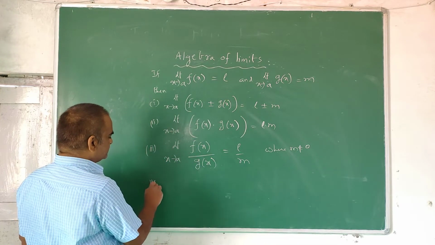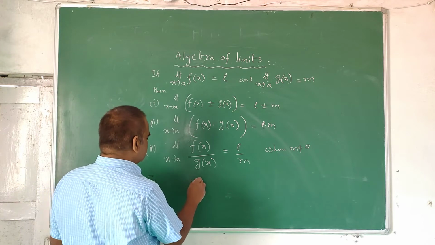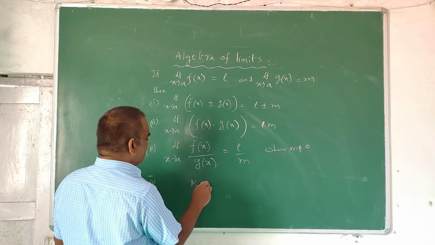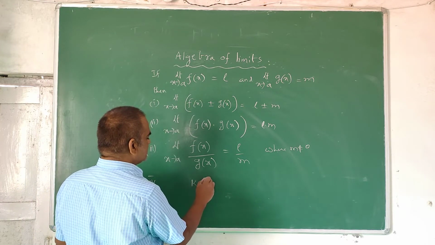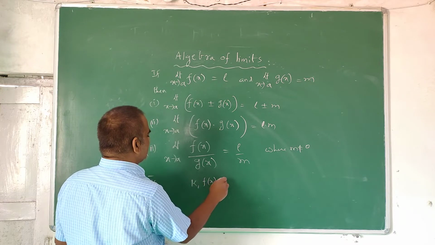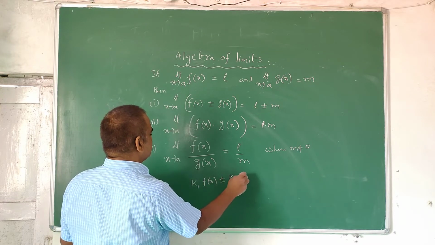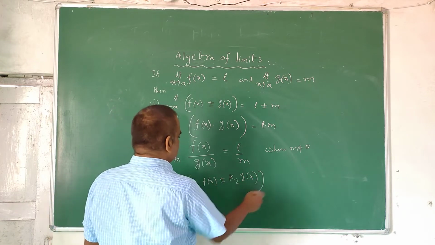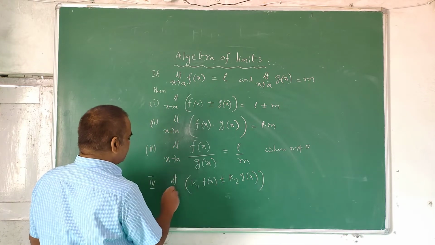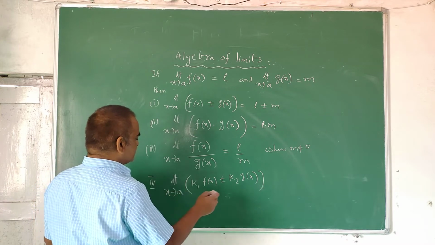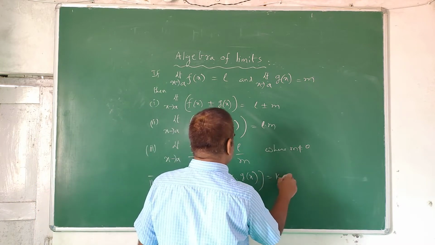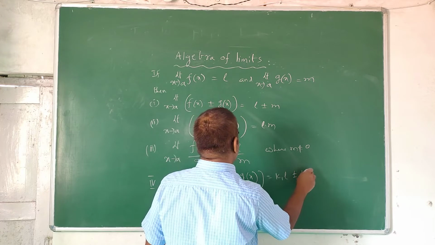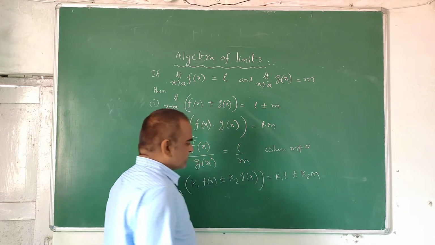The fourth, for some constant k1, f of x plus or minus another constant k2 into g of x, as x tends to a, is equal to k1 L plus or minus k2 m. Understood?